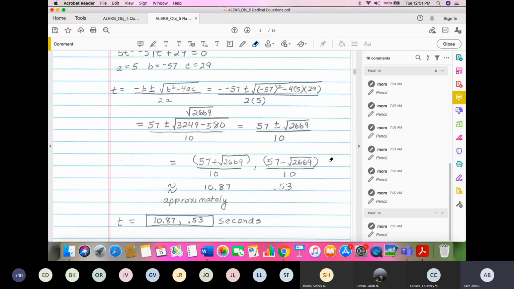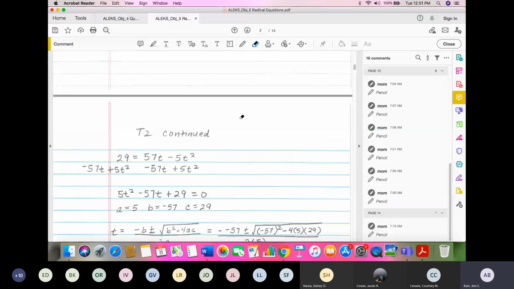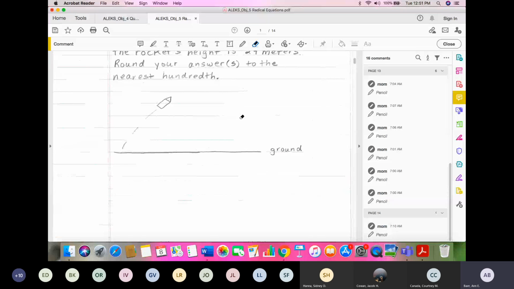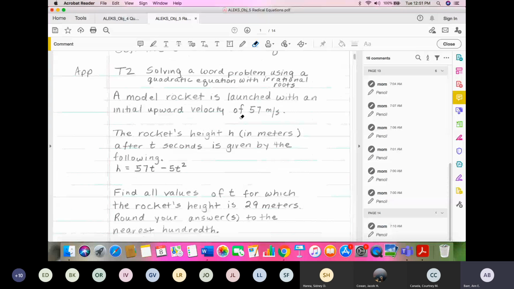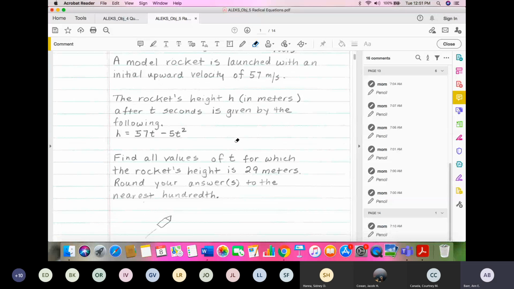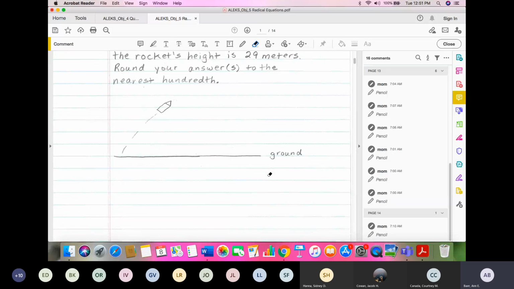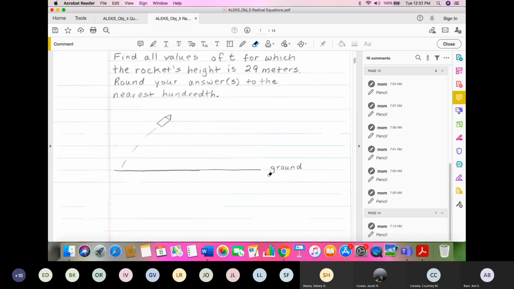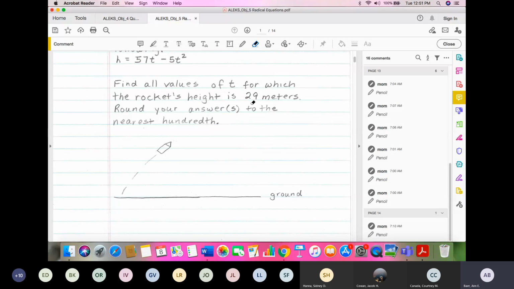Now, what does Alex want? Alex wants us to find all values of t for which the rocket's height is 29 meters. So we're looking for values of t.